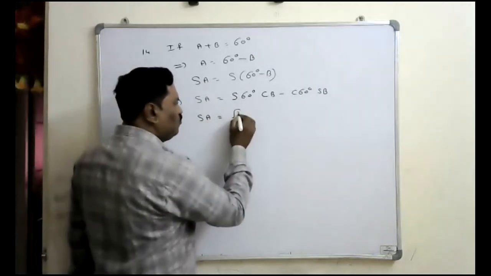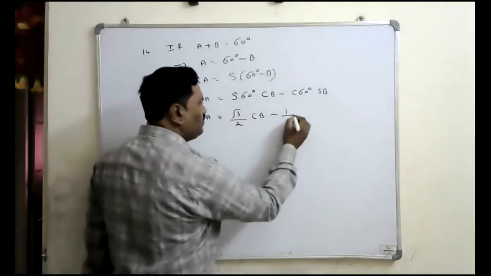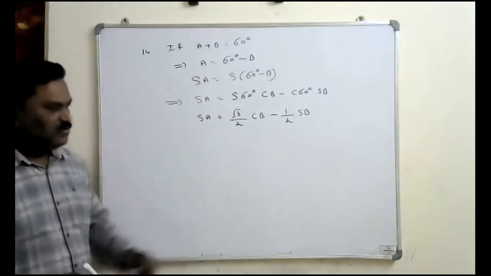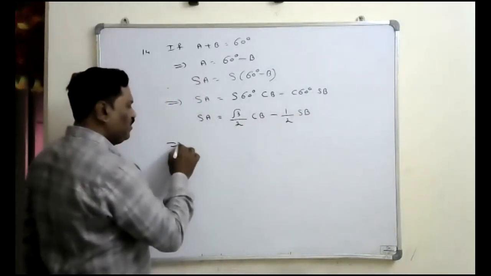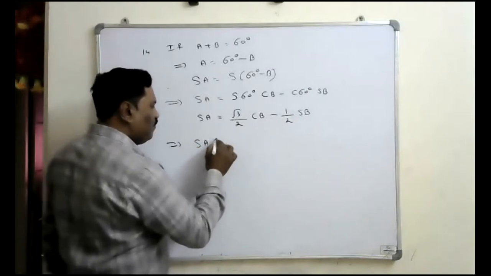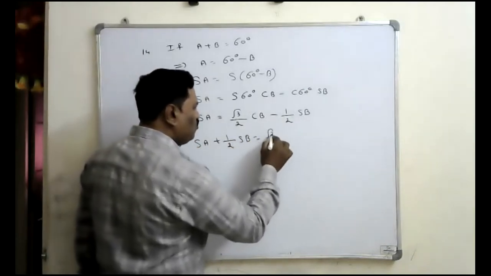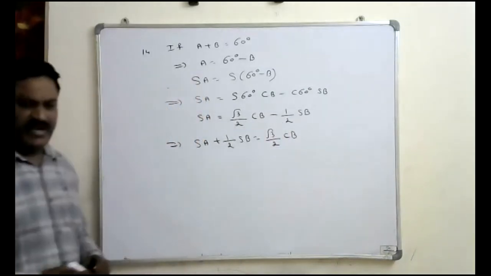Root 3 by 2. So sine A is equal to root 3 by 2 cos B minus cos 60, which is 1 by 2, sin B. Then bring this negative term this side. So sine A plus 1 by 2 sin B is equal to root 3 by 2 cos B.